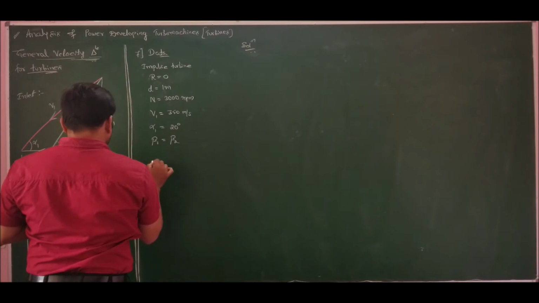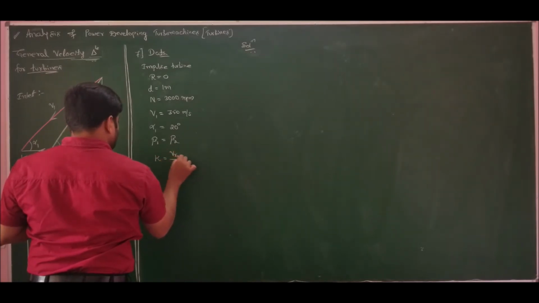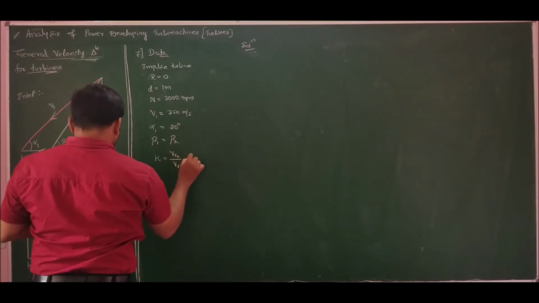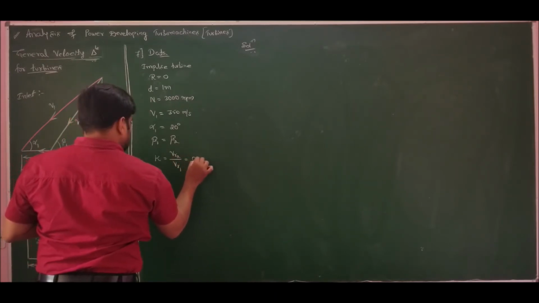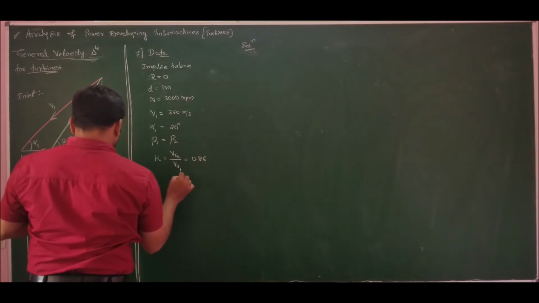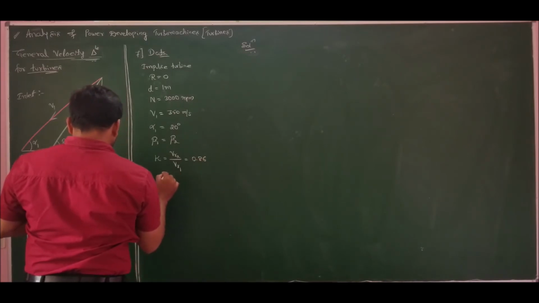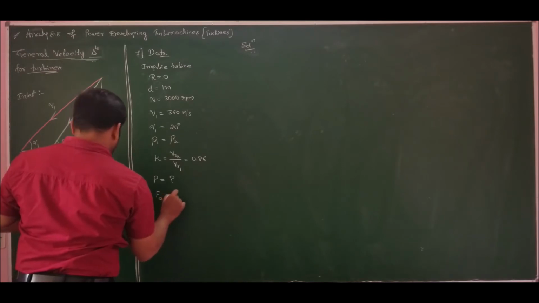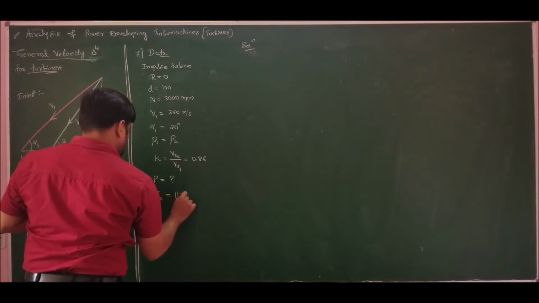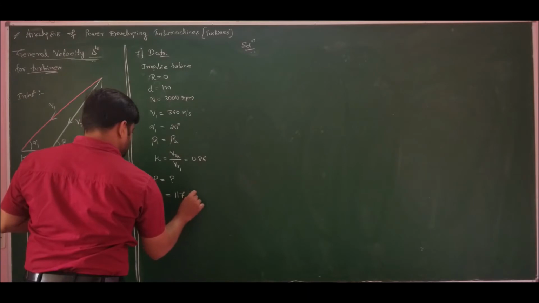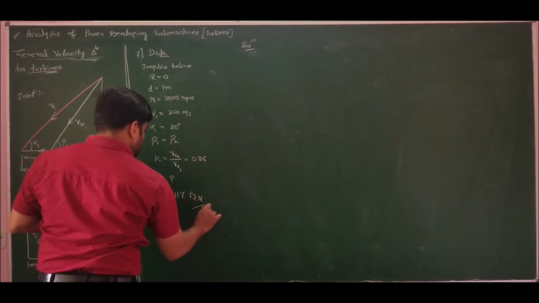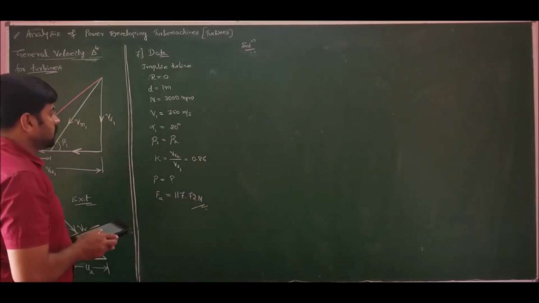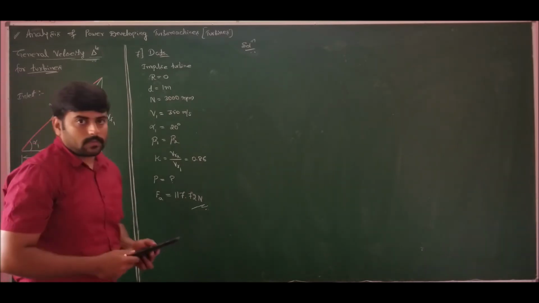The blade friction factor K, that is VR2 by VR1, is equal to 0.86. Draw the velocity triangle and calculate the power developed. The axial thrust FA is given as 117.72 newtons. So this is the question given. Let us solve this problem.